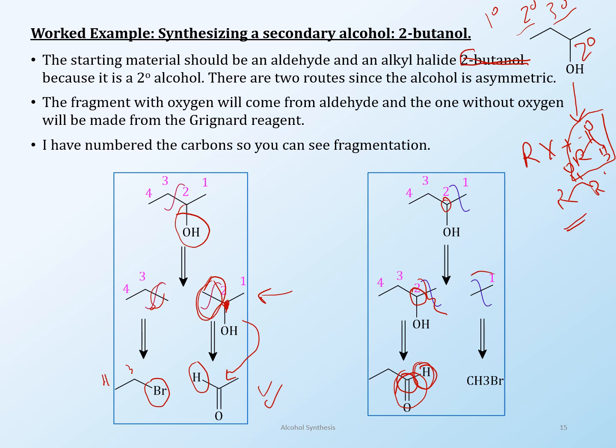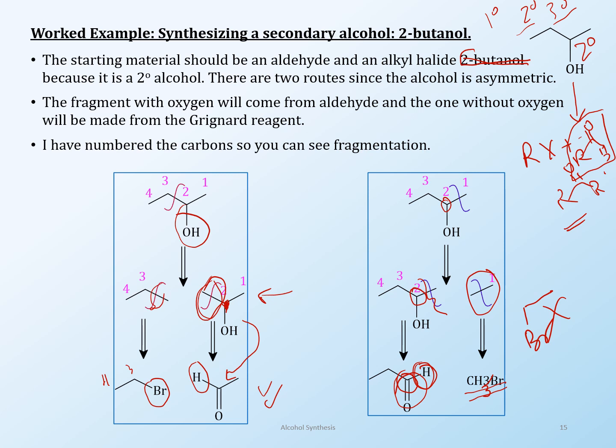And the other one, which only had 1 carbon, that fragmentation gives you CH3Br. Don't write it like this, it's not a good idea. It's just not kosher at all. And don't write it like this either; I forgot to do the subscript here. So CH3Br is what your starting material is.